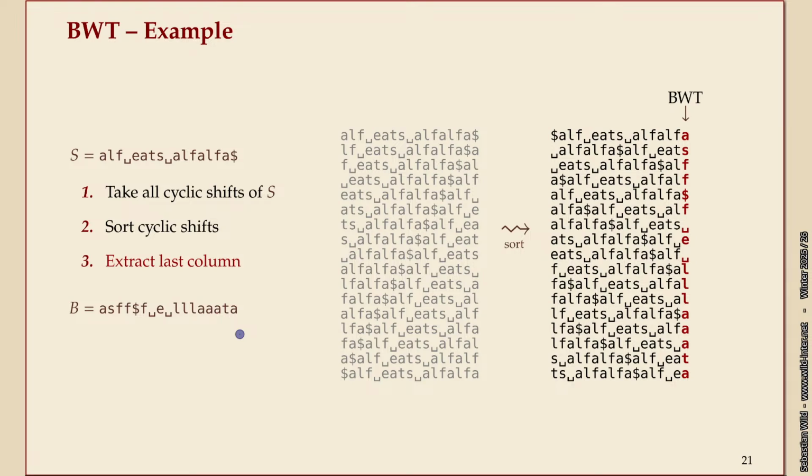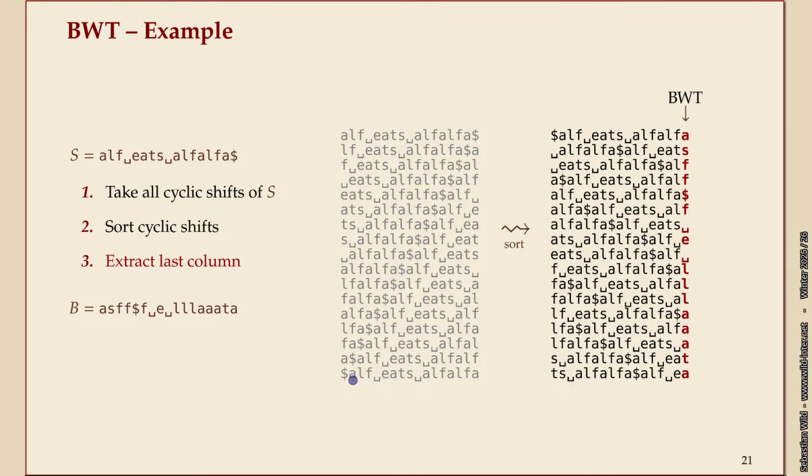A quick observation: because you've written down every cyclic shift exactly once, every character in the text occurs in every column exactly once. For example, the first A occurs in the first column here at the top, because that's where the first guy was. In the second column, it appears exactly down here, and so on and so forth.